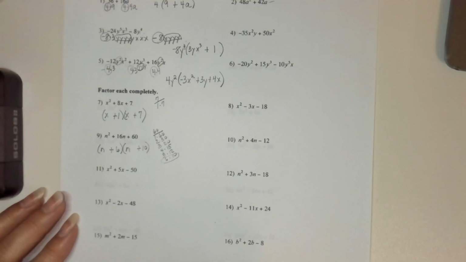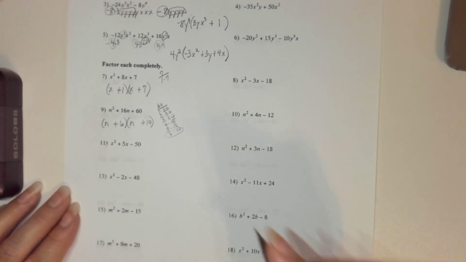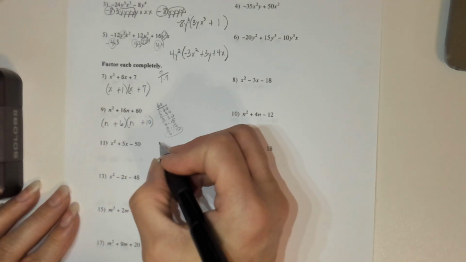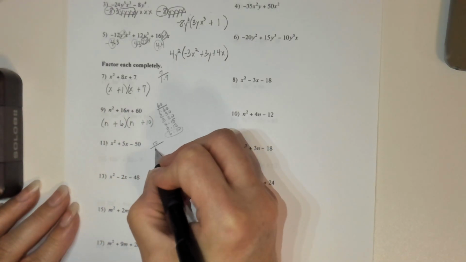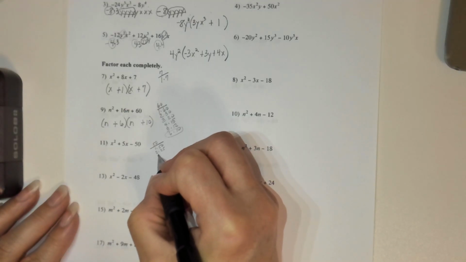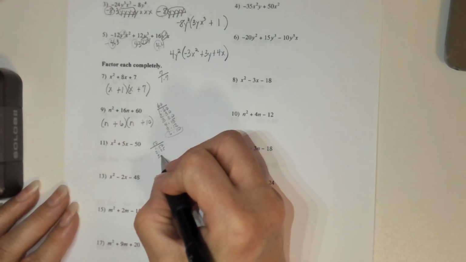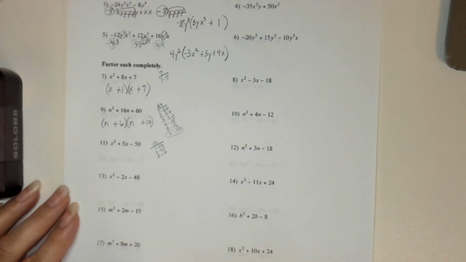Let's do just a couple more of these. So problem 11, if I break down the number 50, 1 times 50, 2 times 25, 3 does not, 4 does not, 5 times 10, 6, 7 doesn't, 8 doesn't, 9 doesn't.